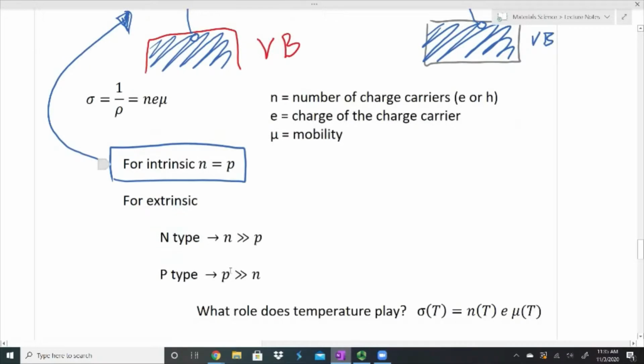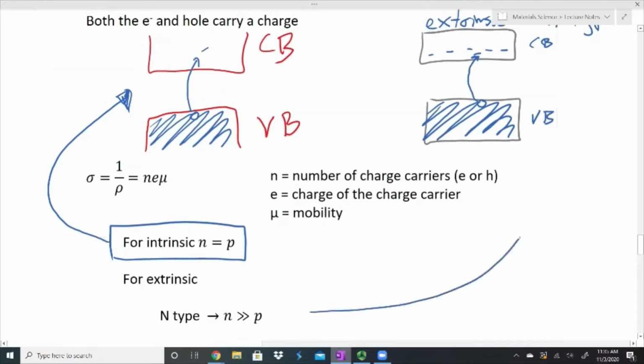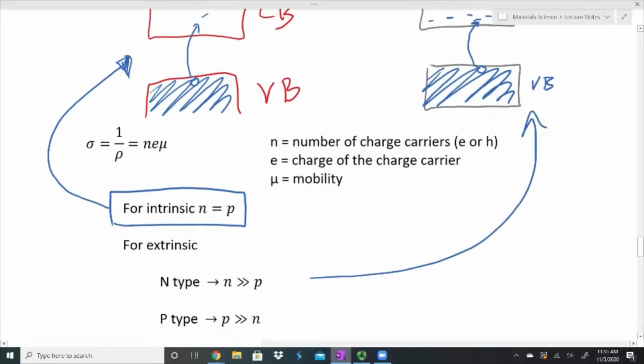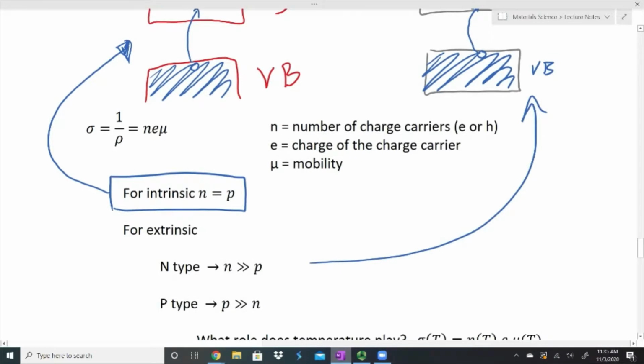For extrinsic, this is not the case, and we see that in the picture over here. For my N-type, I have much, much more N's than I have P's, or I have many, many more electrons than I have of holes. P-type is the opposite. I have more holes than I have of N's.